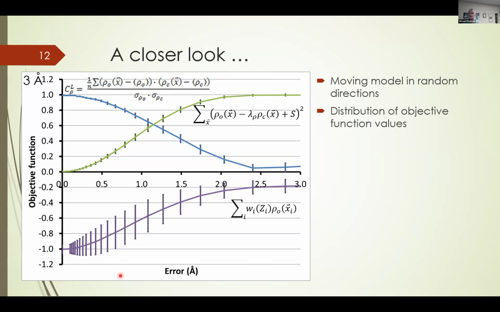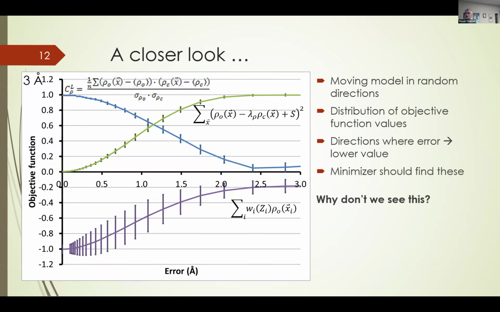And so the average value here is what we would expect, but we've got a diversity of scores depending upon exactly which direction we move. And a good optimizer is going to find the lowest value. For the example that we've got here, it would put the structure 0.4 angstrom away from the correct structure with a 3 angstrom map.